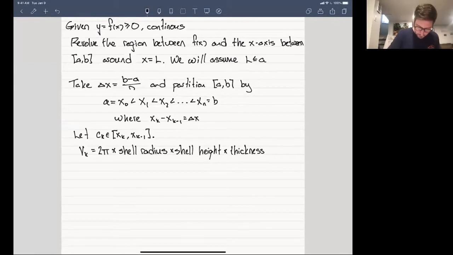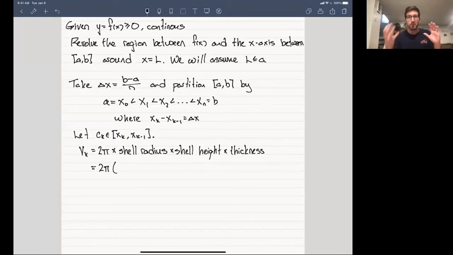So again, if you go back to the previous video or your notes from the previous video, and you think about how we unraveled that thing, we just got that nice little rectangular prism. So here, what is it that we have? Well, the shell radius is going to be where the ck is. So in this case, it's sort of an average shell radius. Again, everything's being taken in the limit, so it doesn't really matter.